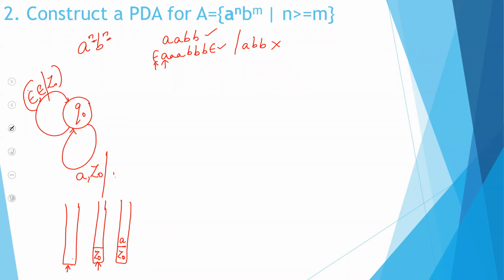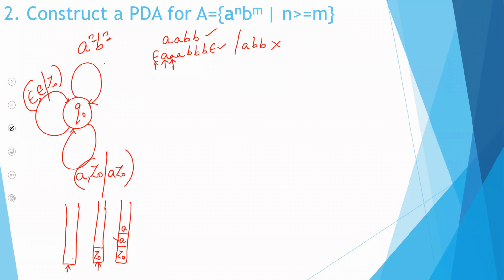I pushed inside A, and the just previous element was Z0. So I write A, comma, Z0 slash A Z0. I now encounter my second A. What do I do? I push it inside. So I can have one more function, one more transition.